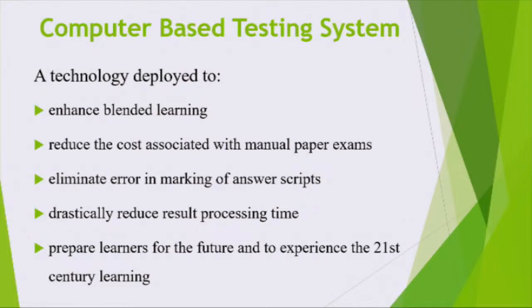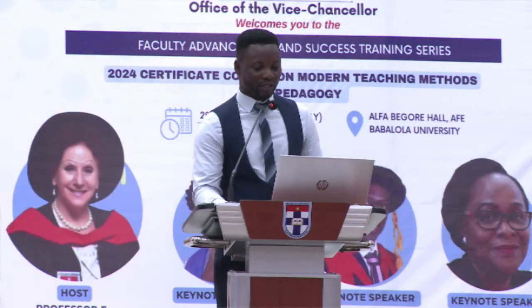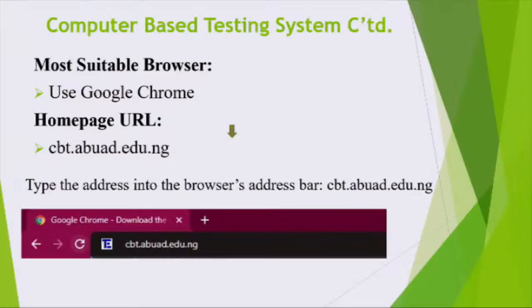Now, the CBT has its own requirement. The most suitable browser is the Google Chrome, and the home page to the CBT is cbt.abuad.edu.ng. Next slide, please. cbt.abuad.edu.ng is the home page to the CBT. Then the login information, your email is the login, is the username, and password is as generated by the administrator.